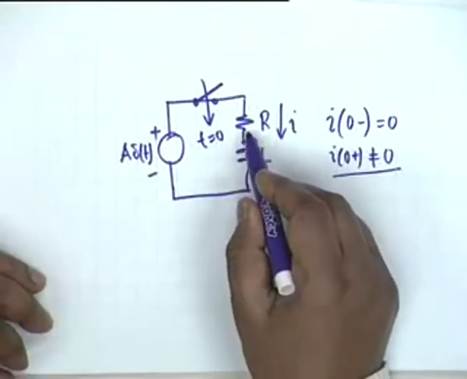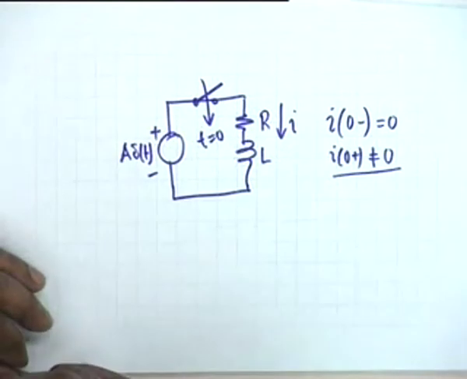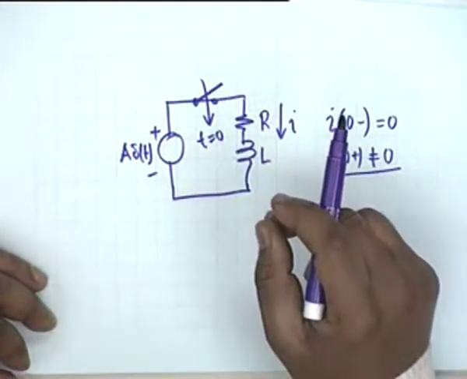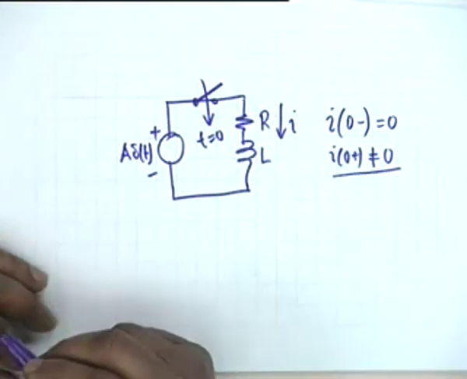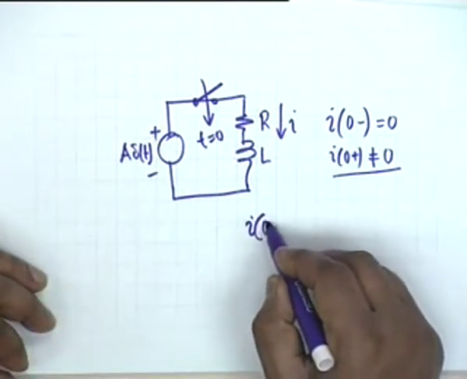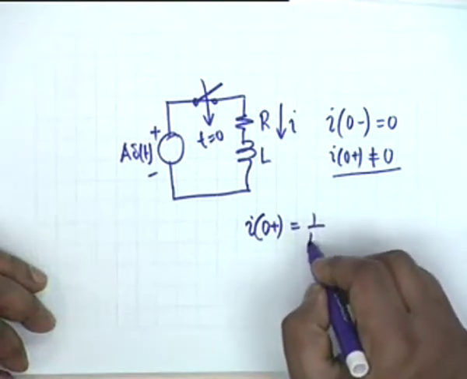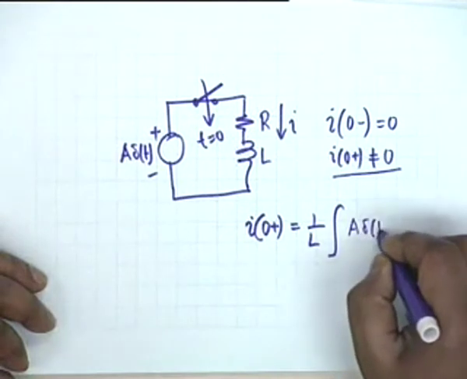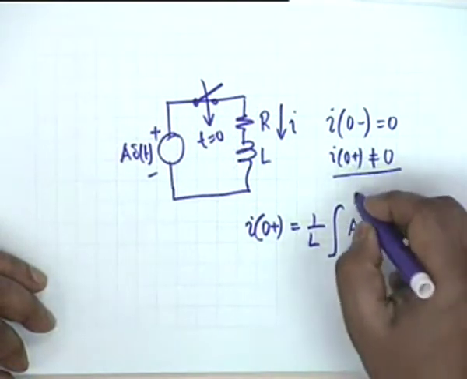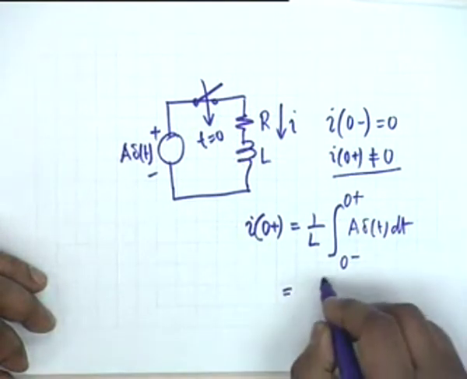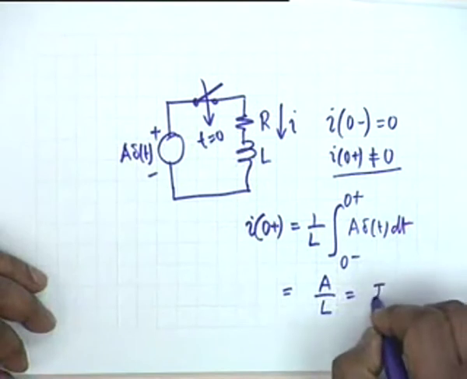If the current is finite, then obviously the drop in R shall also be finite, and therefore the A delta t, the voltage source, must be fully dropped across L, and therefore the current I of 0 plus must be 1 over L integral V dt, which is A delta t dt from 0 minus to 0 plus, and you see this is simply A by L. Let us call this I 0.